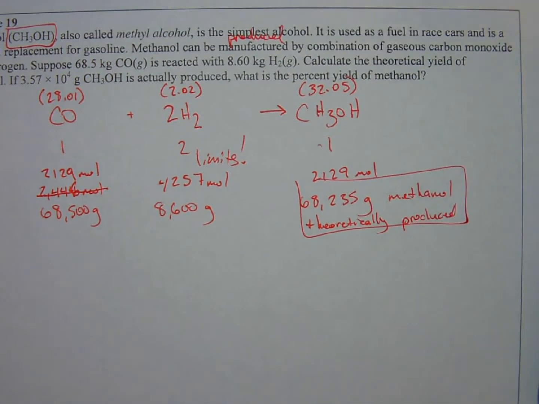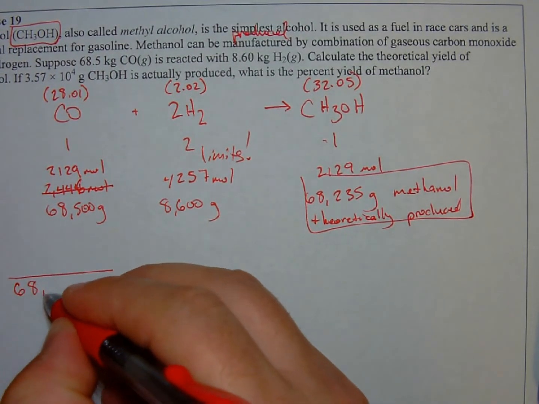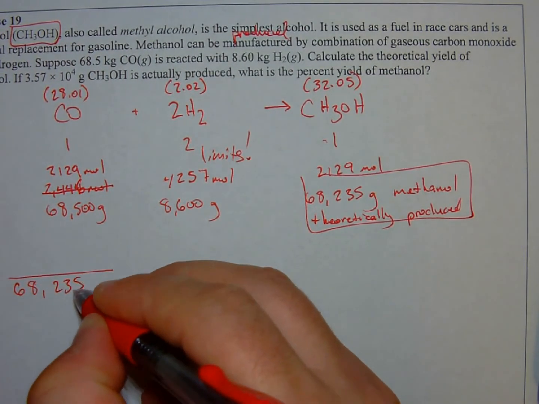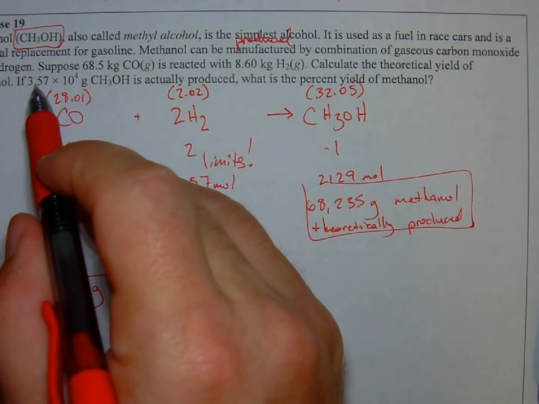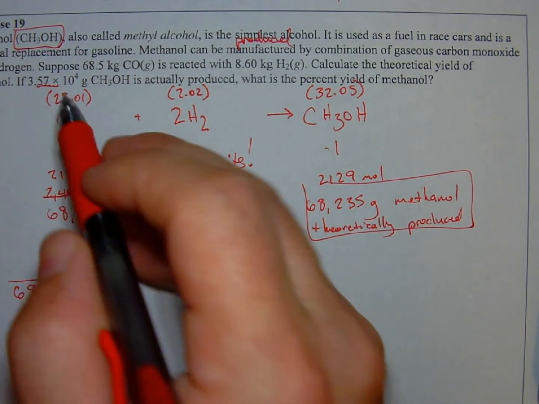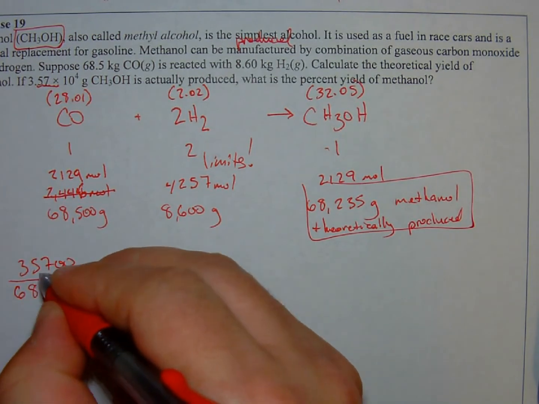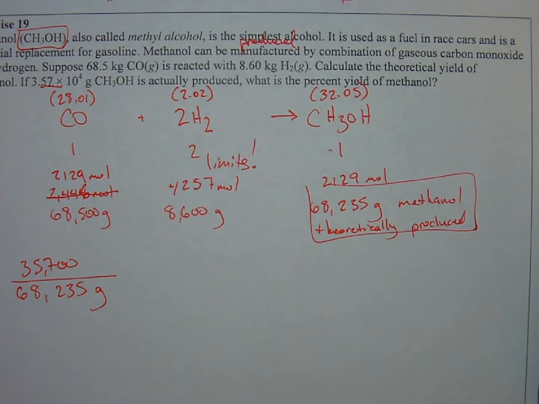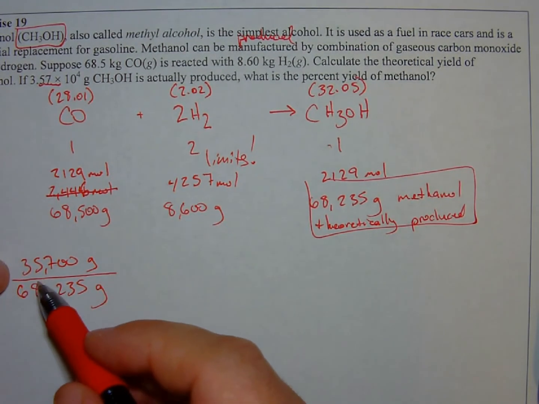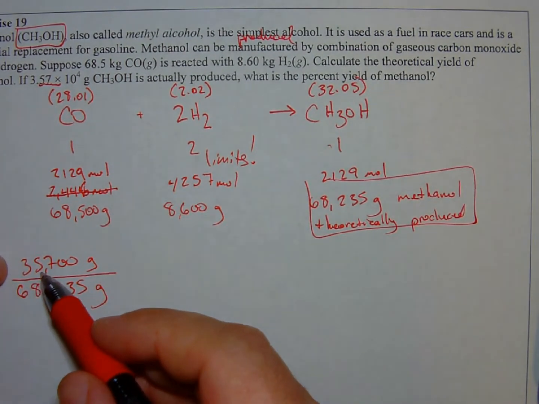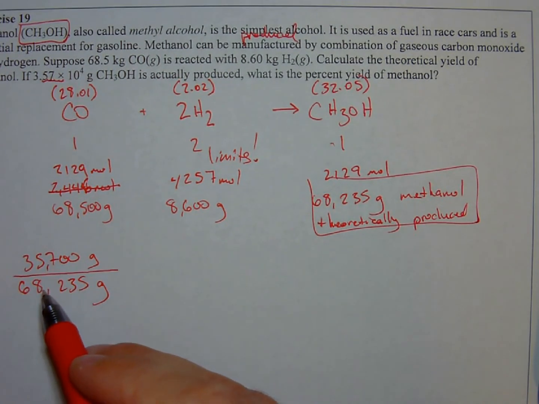Well, remember, it's actual over theoretical. So I already have theoretical. The actual is going to be moved over 4 times: 1, 2, 3, 4. So 2 more zeros after that. So that'd be 35,700 grams. Now you can see that it's going to be around half, because that numerator is about half the size of that denominator.